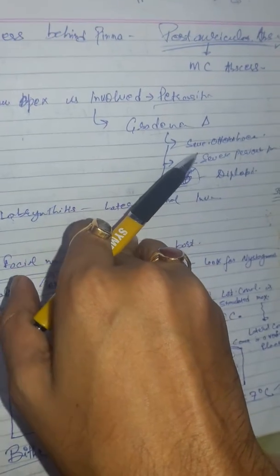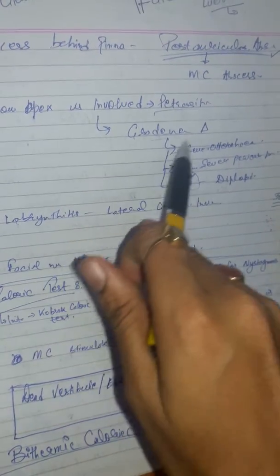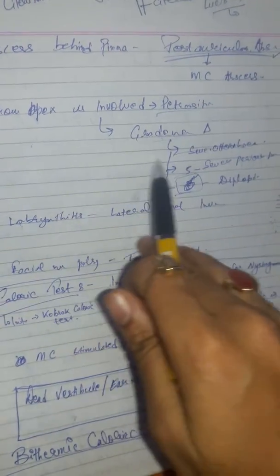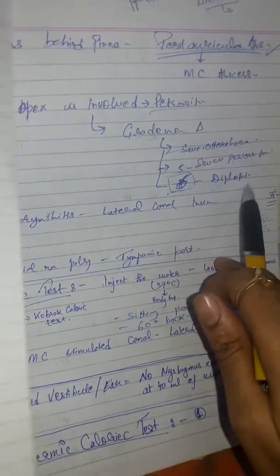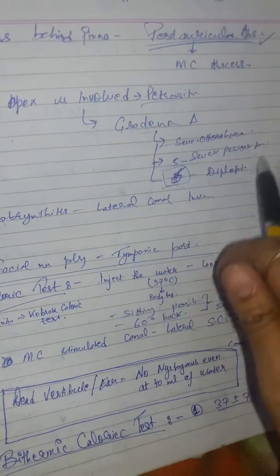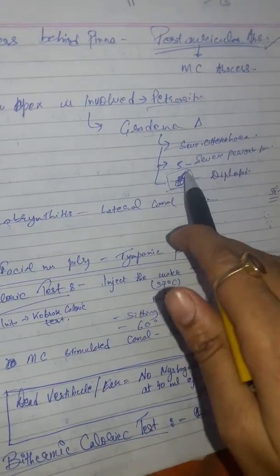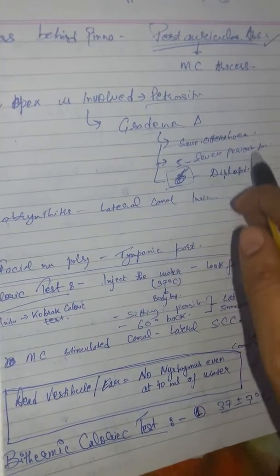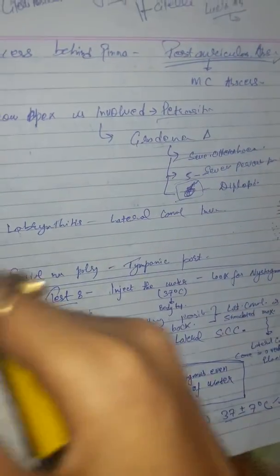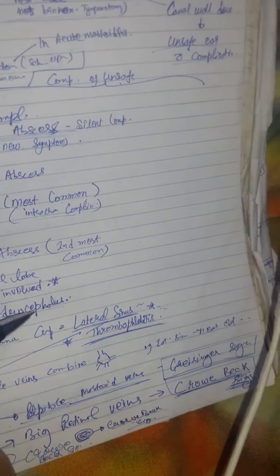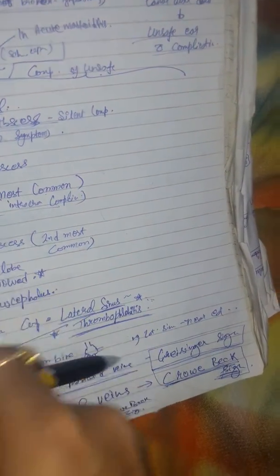So two important take-home messages: one, Gradenigo syndrome, a triad of severe otorrhea, severe periorbital pain, diplopia. If you see a question with a patient having severe otorrhea, periorbital pain, and diplopia, you should think of petrositis and Gradenigo syndrome.